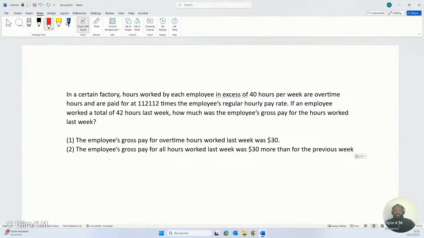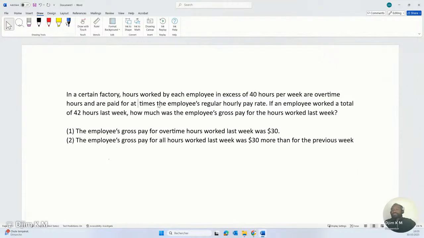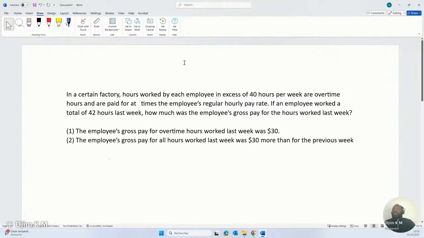I didn't copy very well. Let me fix this. They are paid one and a half times. So it's actually this.